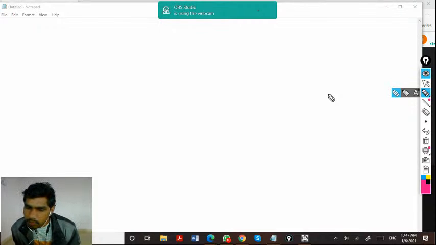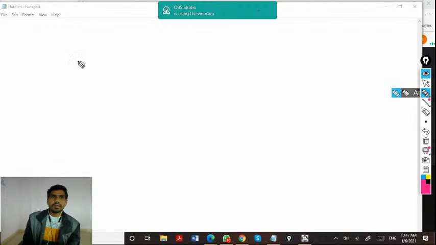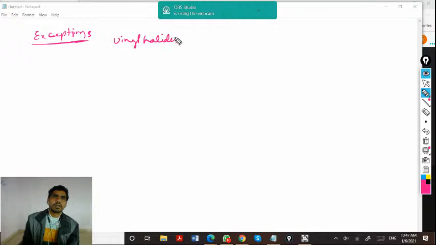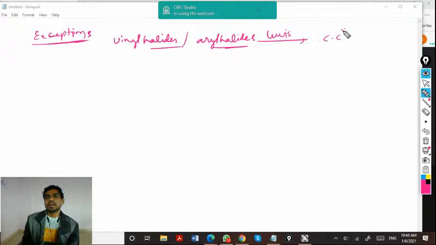So if any exceptions are there, if any not suitable conditions, not suitable reaction types are there. So there are of course exceptions for this reaction. Whenever we use vinyl chloride or vinyl halides and aryl halides, in presence of Lewis acid, they will not give a carbocation.